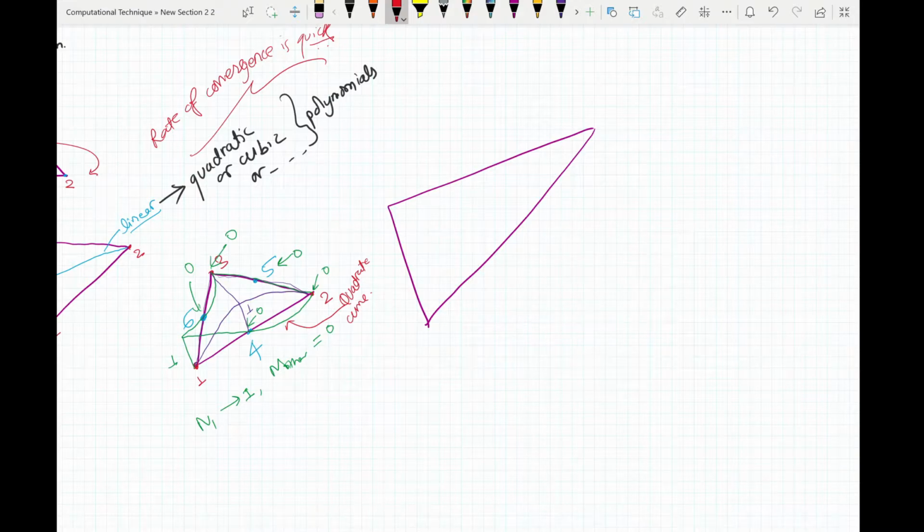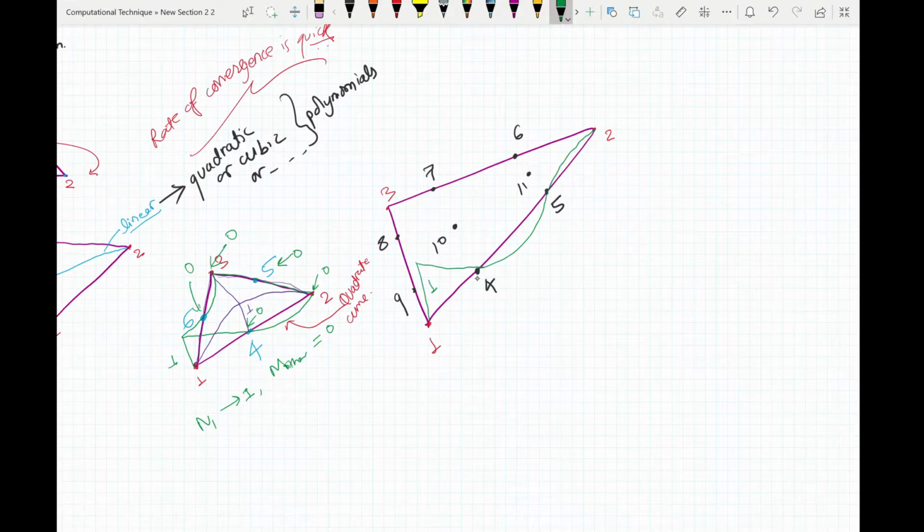It is not linear anymore. And what you can do is we can also increase the number of nodes. So this is an 11-noded triangular element. For this case also, if you plot for n1, you will have 1 here, and at all the other nodes your value should be 0.